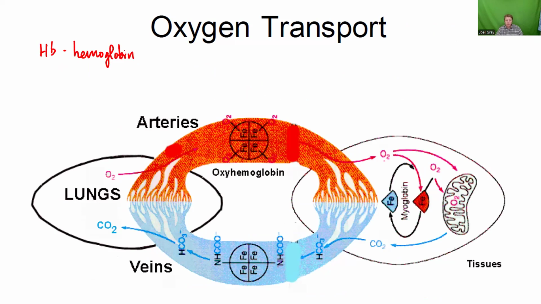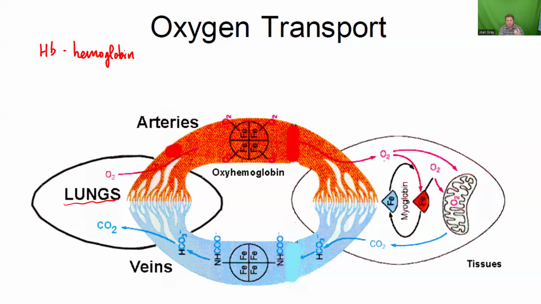Hemoglobin is in your red blood cells. And what hemoglobin loves to do is bind oxygen. There's an environment in your body that's very oxygen rich, and that's in your lungs. Within our lungs, we have little sacs, and the word that sticks in my mind every time I think about it is ravioli.